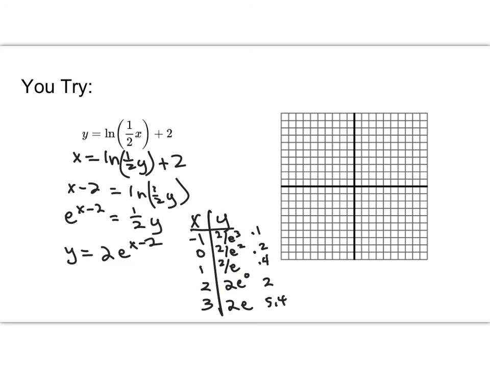All right, so let's switch our x and y values around. 0.1, 0.2, 0.4, 2, and 5.4. Darn, none of those worked out nice. But -1, 0, 1, 2, and 3. Oh yeah, 1 did. Let's start with that one, (2, 2), and that's the one I would label.